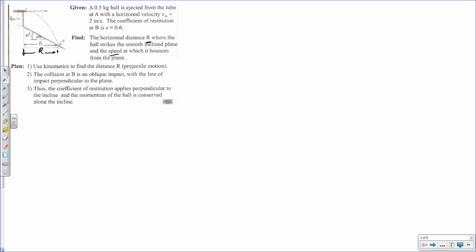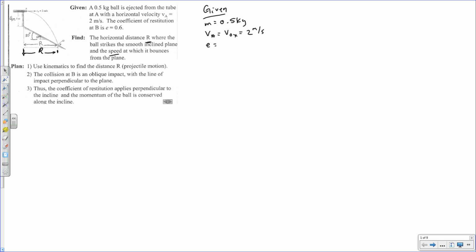So to remind ourselves what is provided in this problem, let's write down what is given. We know the mass of the ball is equal to 0.5 kilograms. We know that the initial speed, VA, is also the initial speed in the x direction. There's no y component of its velocity initially, 2 meters per second. They say that it's launched horizontally, so we know that there cannot be a y component initially for its speed.